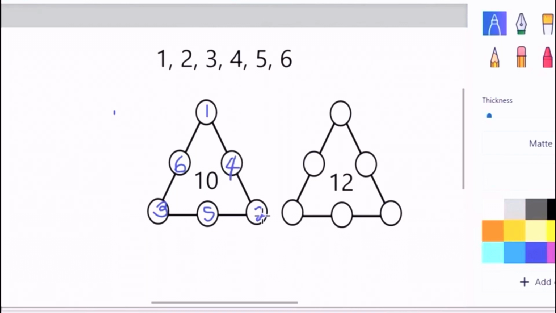So 5 exchanges with 2. So we can add it now. 3 plus 2 equals 5, plus 5. And then 1 plus 4 equals 5, and the other is 5. So all sides are equal to 10.